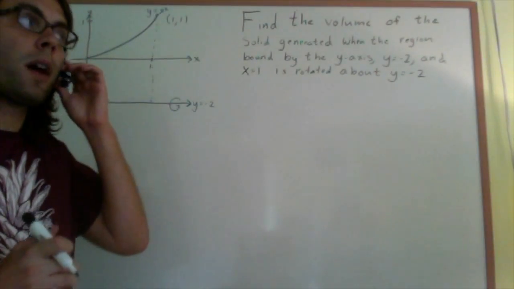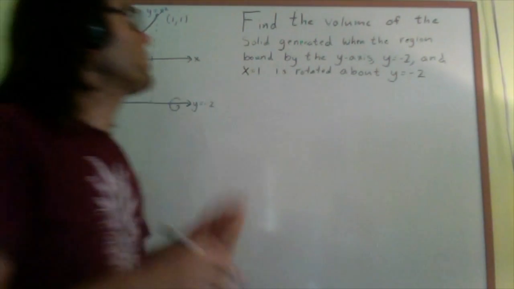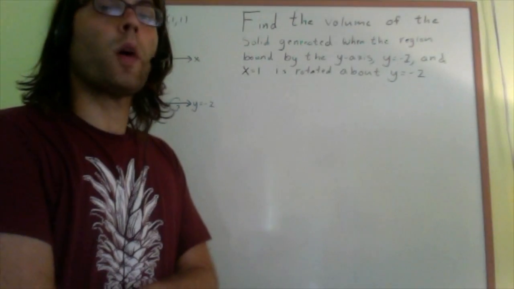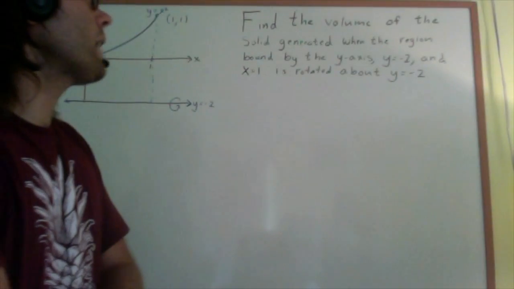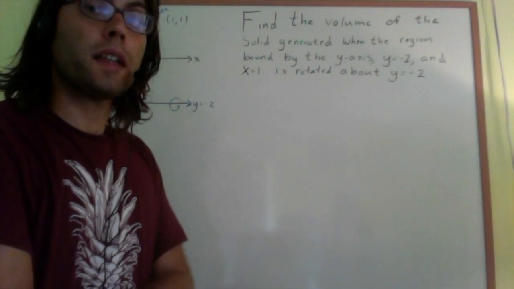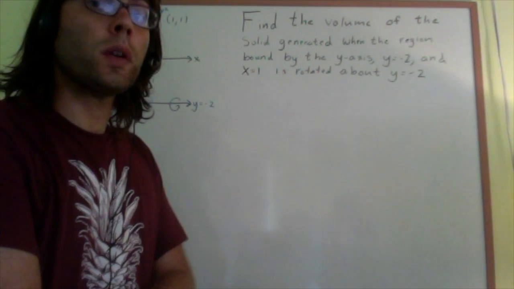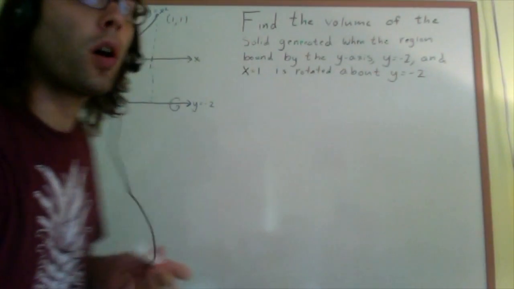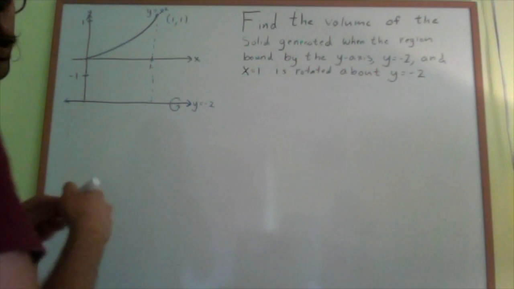For our last problem, we are going to find the volume of the solid generated when the region bound by the y-axis, y equals -2, and x equals 1 is rotated about y equals -2. Now this is a little tricky because our radius changes.